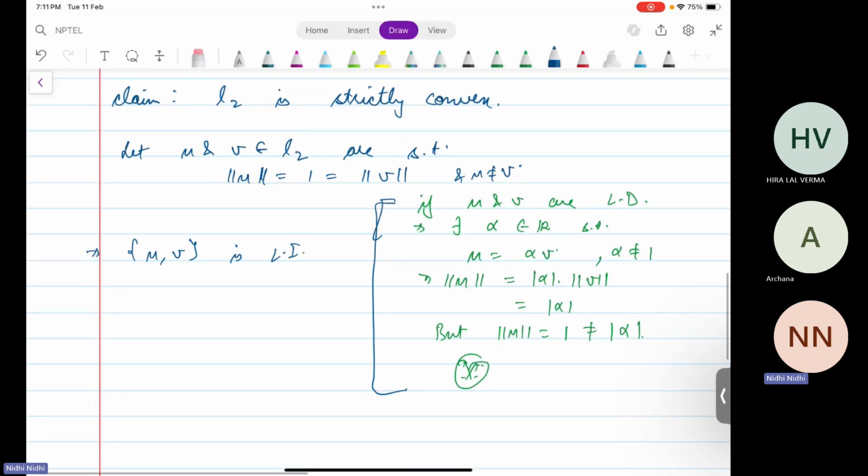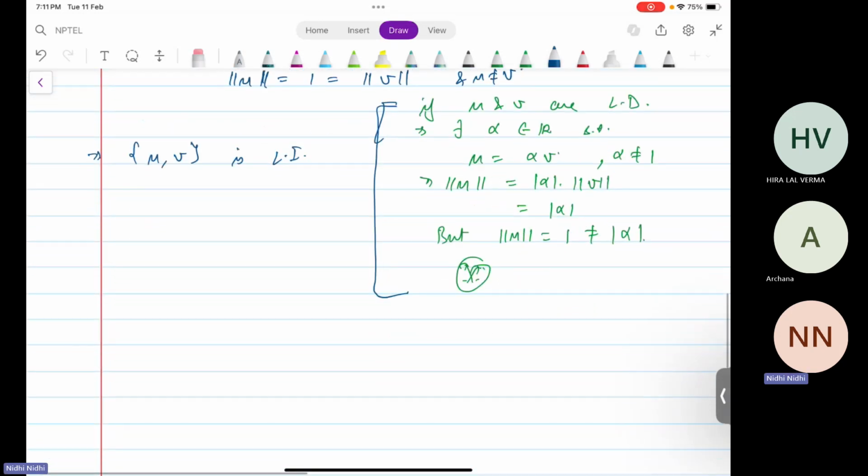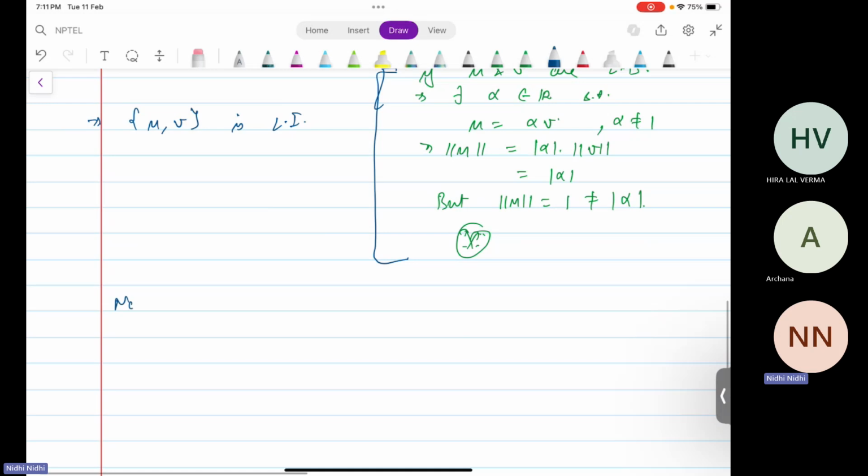We'll be using this fact. So now, what can we say about the L2 norm of tu plus 1 minus t v, squared? This is equal to summation i from 1 to infinity of (t u_i plus (1 minus t) v_i) squared.